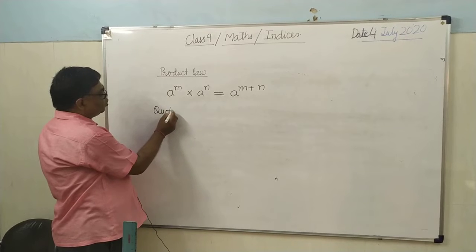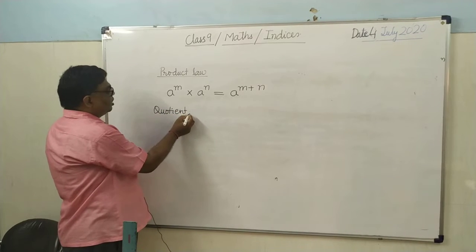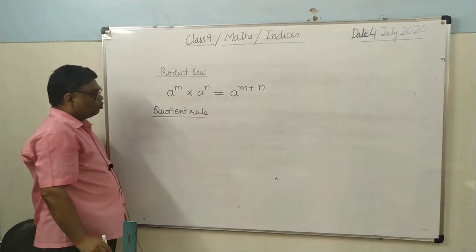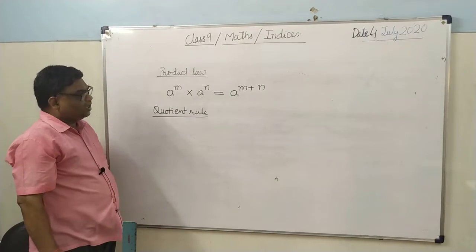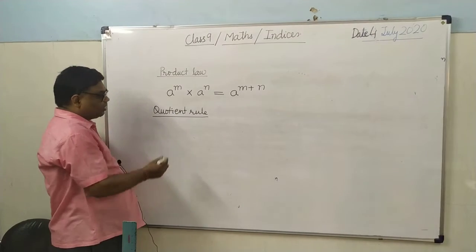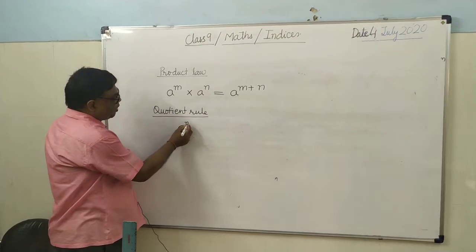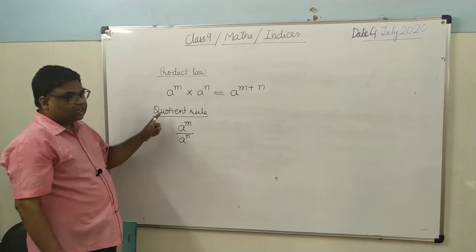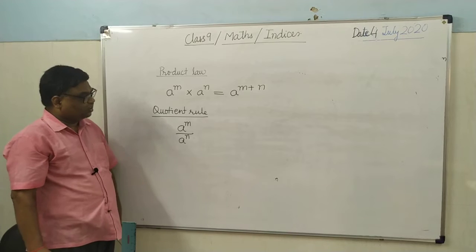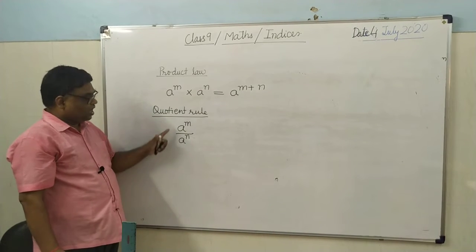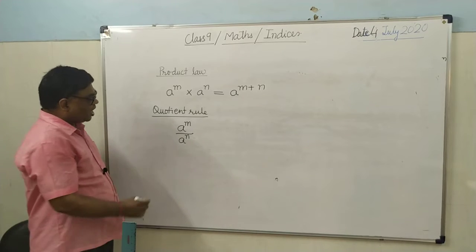Then there is the quotient rule. That also I have told. I am doing just a revision. If you want to go into detail, then watch the previous video. Quotient rule means the division rule. a to the power m upon a to the power n is the division between two exponential numbers having the same base.